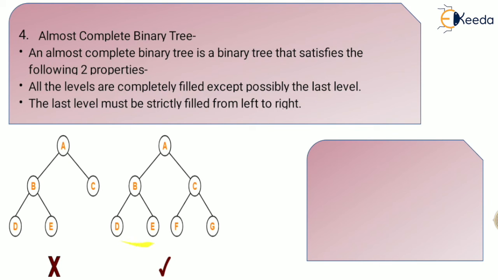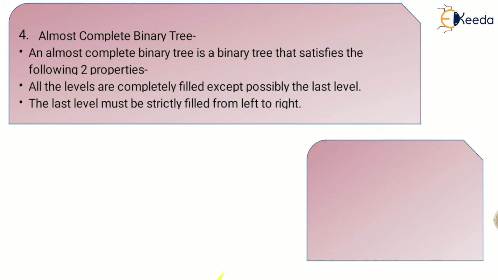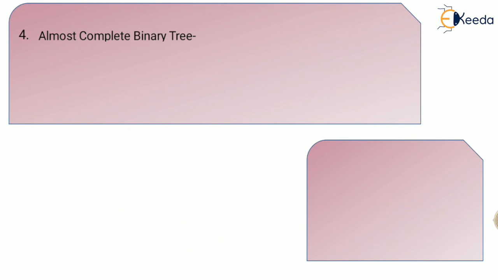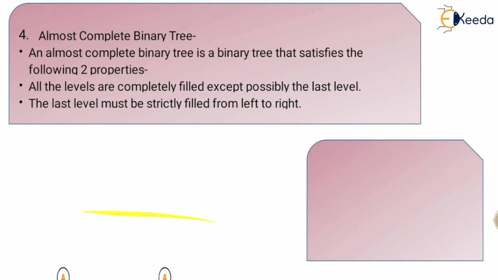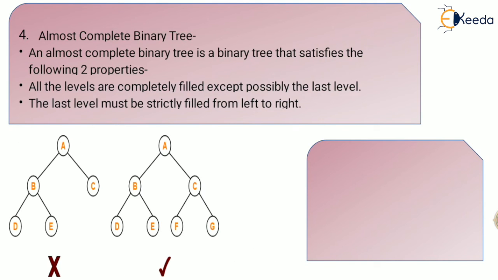I'm using a pointer over here. See, all the levels are completely filled. So here level B is completely filled with children, at most two children, except possibly the last level, which is not filled at all.